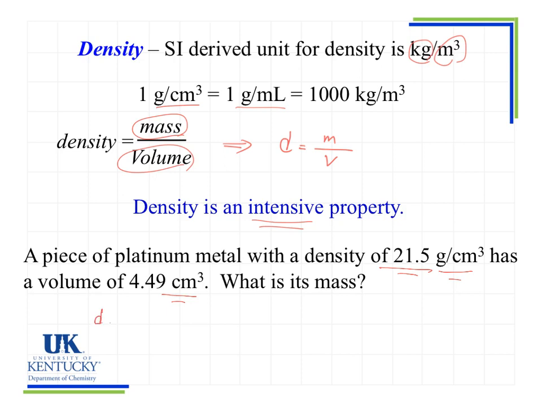So we have density as 21.5 gram per cubic centimeter, and we have the volume 4.49 cubic centimeter. And what are we trying to solve for? The mass. In what unit? It doesn't specify, but we know the density is gram over cubic centimeter and the volume is cubic centimeter, so we can find the mass in gram.